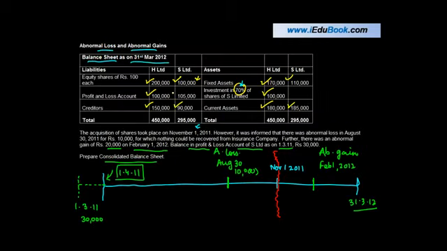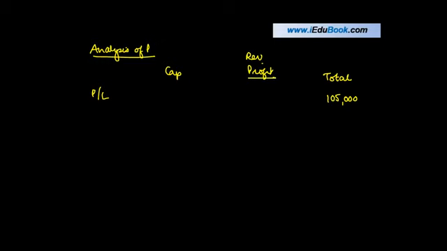Okay, 1,05,000 is the profit and loss account balance of S Limited. This is going to go to my analysis of profit. So the total balance that I have is 1,05,000 profit and loss account balance. I need to bifurcate these between capital and revenue profits, right?